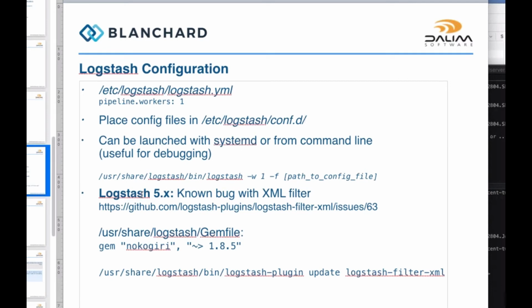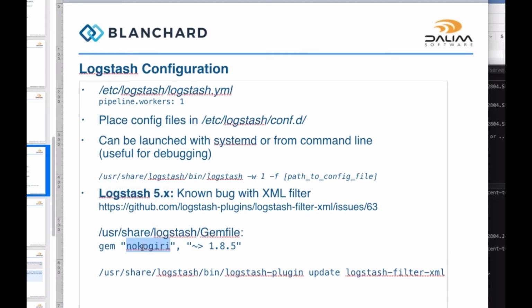I will mention too, if you're using ES 5.5 and you're using LogStash 5.x along with that, there is a known bug in that version with the XML filter we use as part of this. So in order to deal with that, you need to go into this file, user share LogStash gem file, and edit this line.